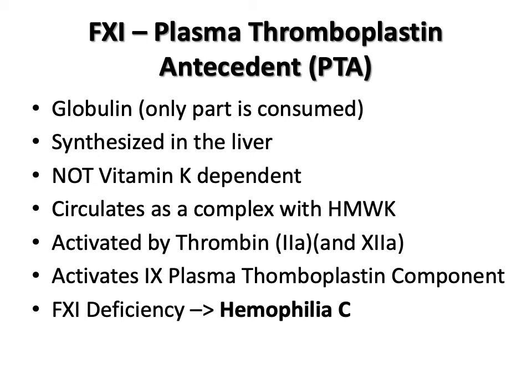It circulates complexed with high molecular weight kininogen and is activated by factor IIa, thrombin, and factor XIIa, Hageman factor. Activated factor XI activates factor IX, plasma thromboplastin component. Factor XI deficiency leads to hemophilia C.